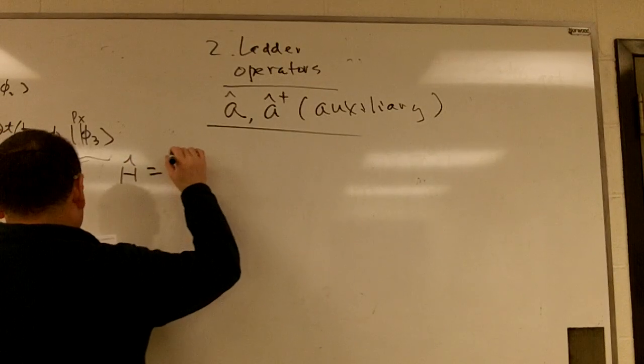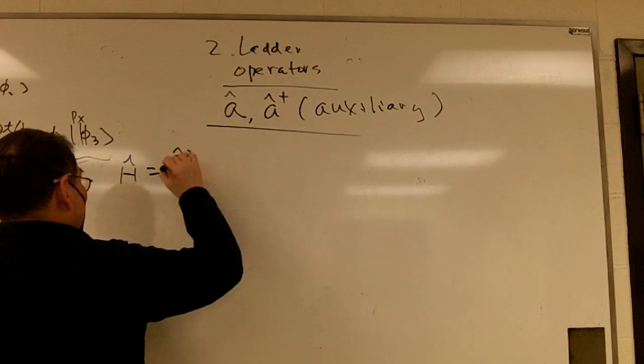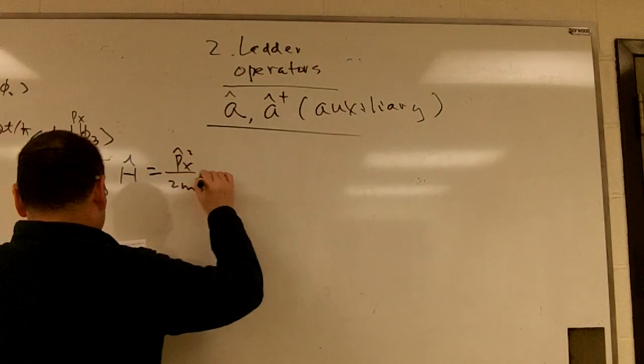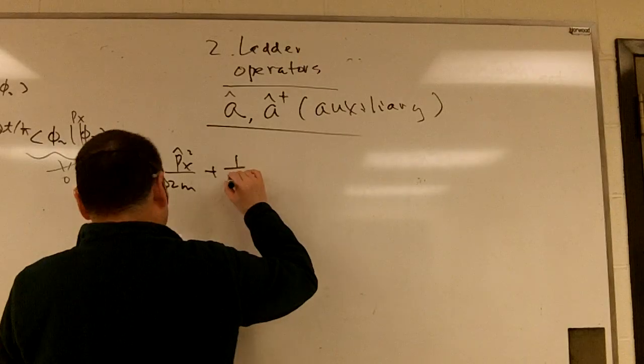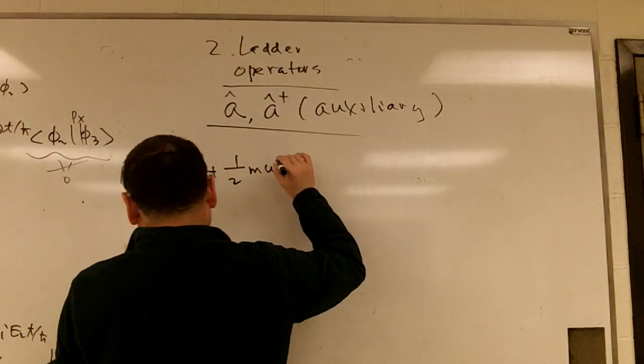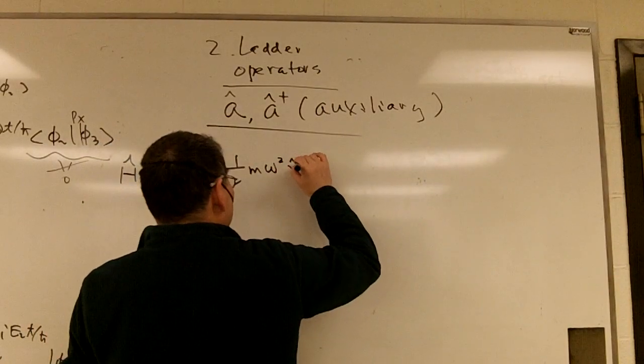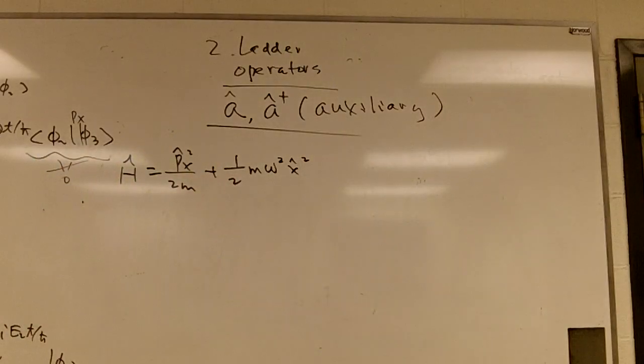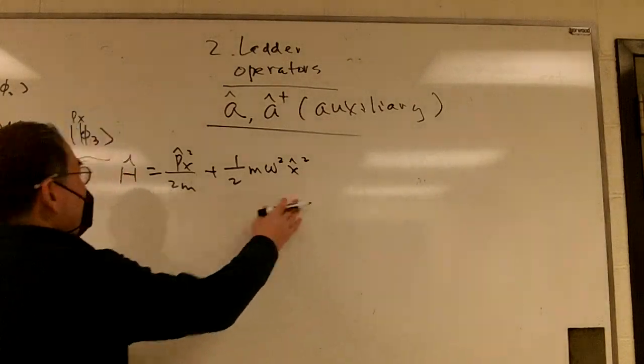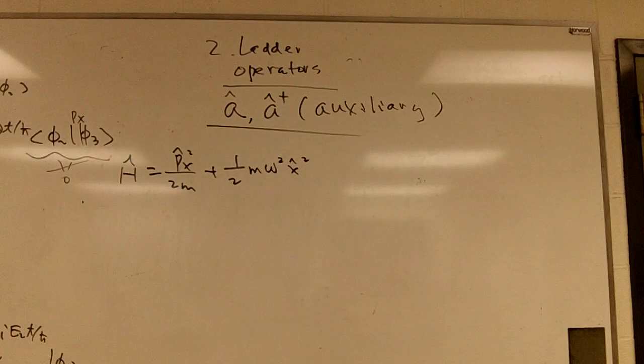And the Hamiltonian is px hat squared over 2m plus m omega squared x hat squared over 2. I repeated what I just wrote before, so they're exactly the same thing. I didn't do anything with that. Now this time we want to make this expression look a little bit nicer.